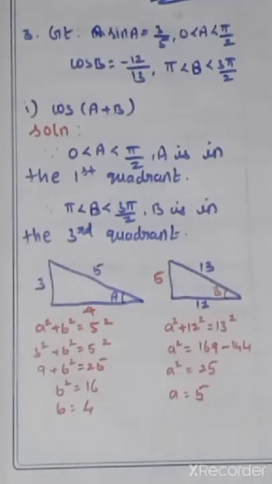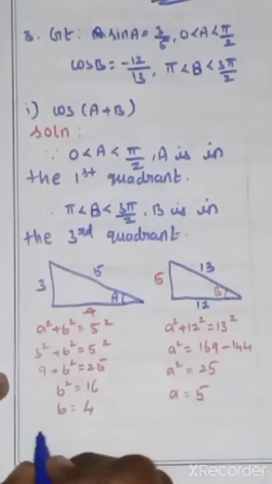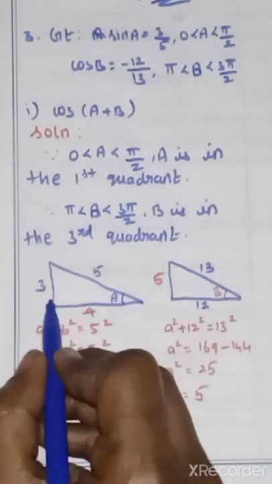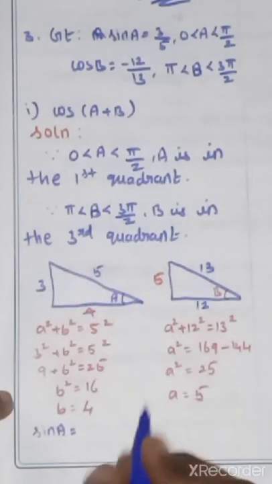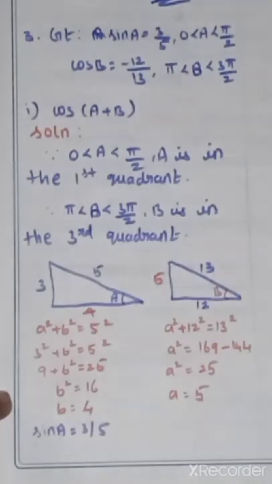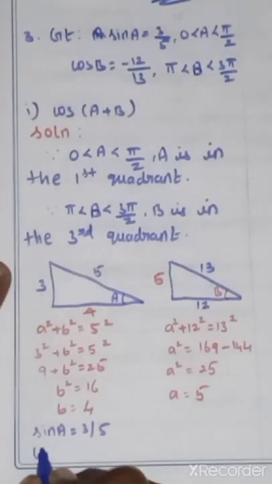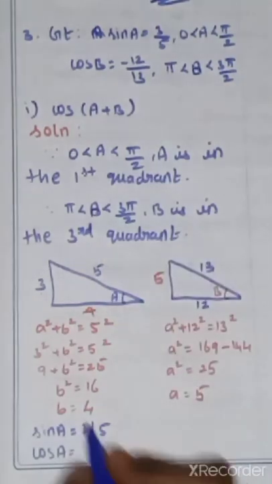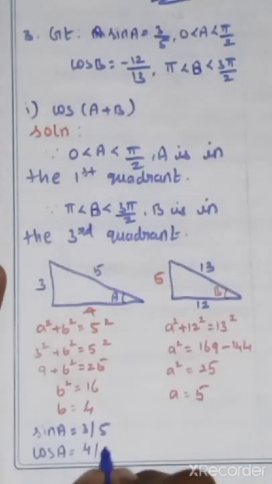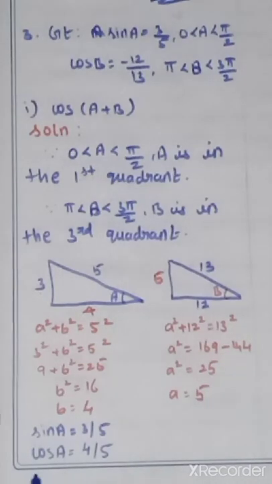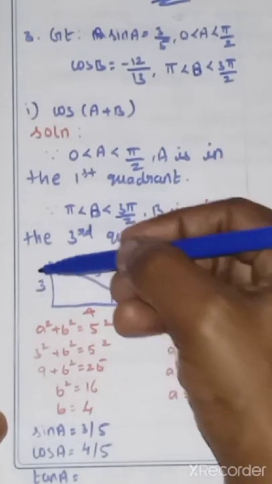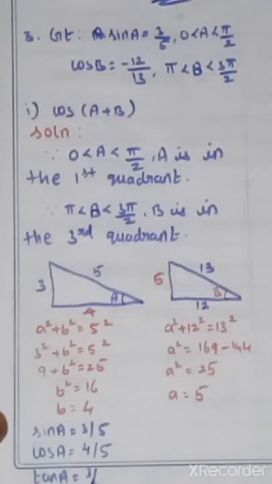So I can write here. What is sin A? Sin A means opposite by hypotenuse, so 3 by 5. Next, cos A is adjacent by hypotenuse, so 4 by 5. Tan A formula is opposite by adjacent, so 3 by 4.